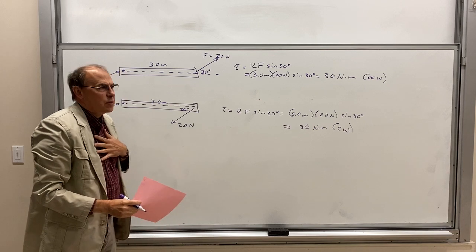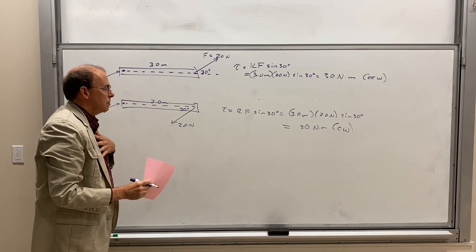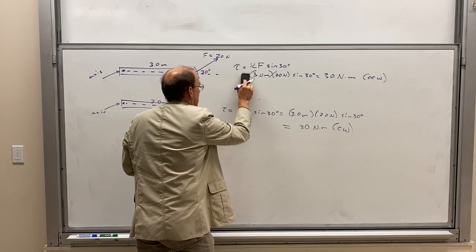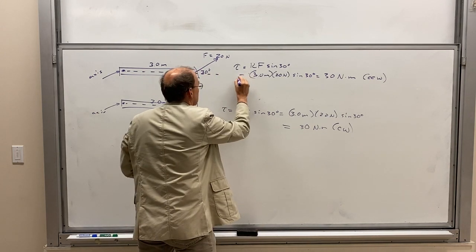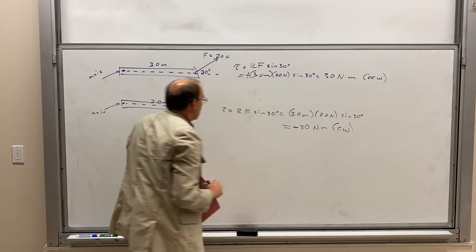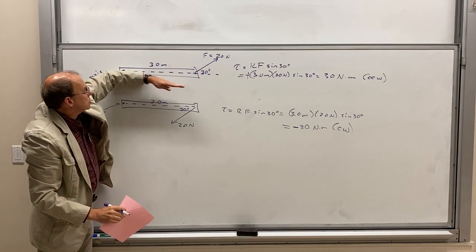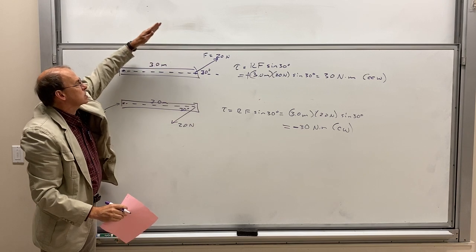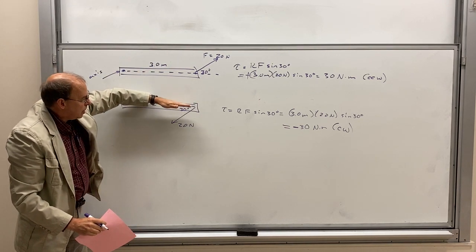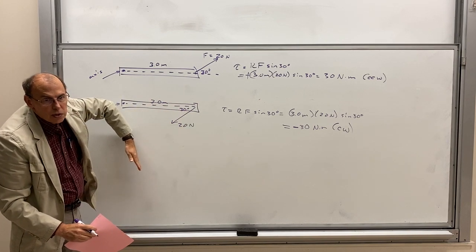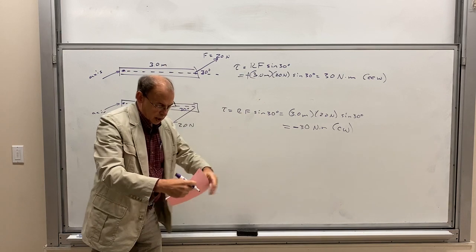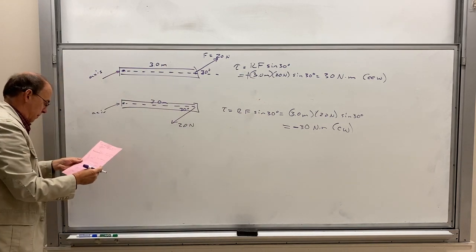But we also need a mathematical way of distinguishing them. And mathematically, we say counterclockwise is positive, and we say clockwise is negative. The reason we do that is rotation counterclockwise is toward positive angles in a Cartesian coordinate system, and clockwise is toward negative angles in a Cartesian coordinate system. So this we would call a positive torque, and this a negative torque.